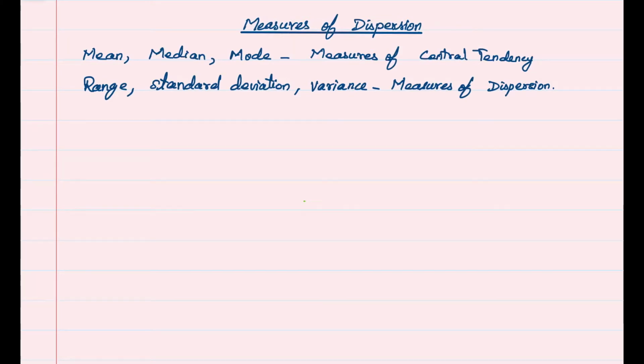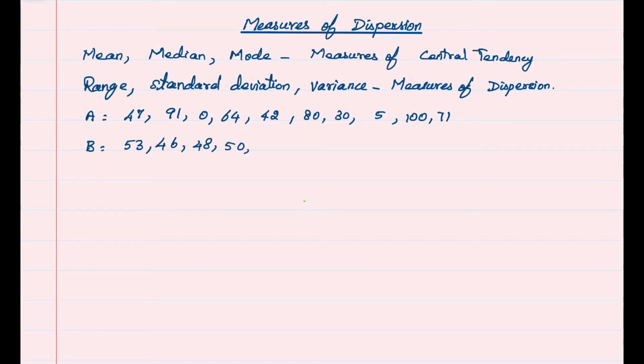Let us consider the scores of student A in 10 different tests out of 100. And for student B, the scores are... Now we will calculate the mean for student A. So the total score is 530 and 10 tests are there.